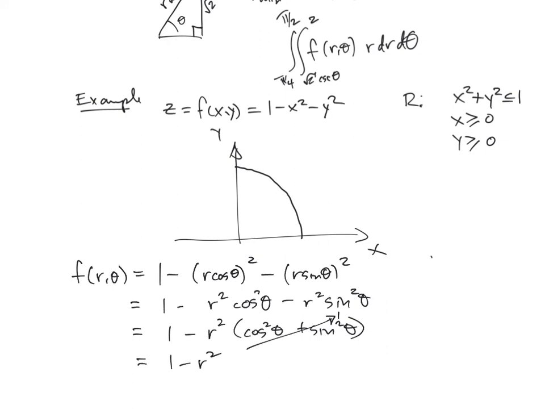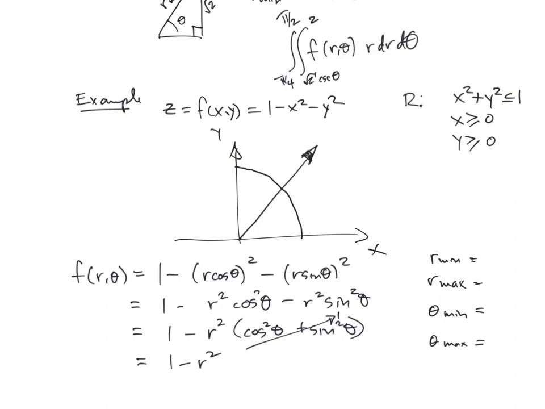Okay, now I need r min, r max, theta min, and theta max. I'm going to integrate in the r direction first. So I draw a line through the region of integration from the lowest value of r to the highest value of r, in the positive direction of r. That is an arrow.